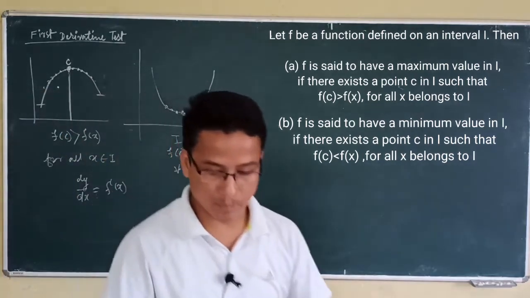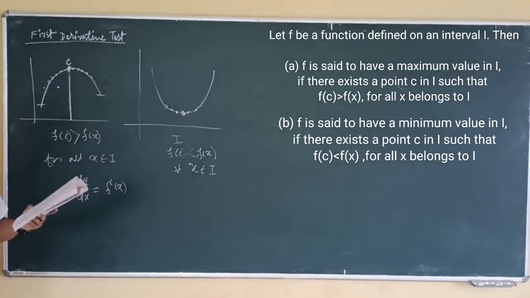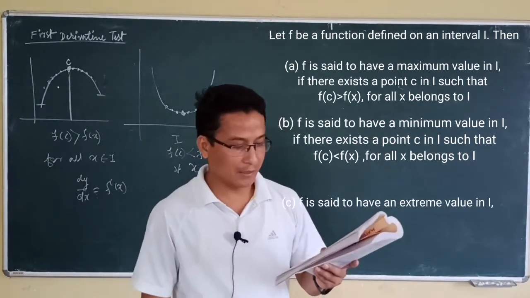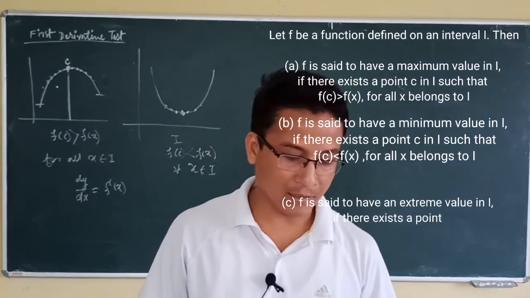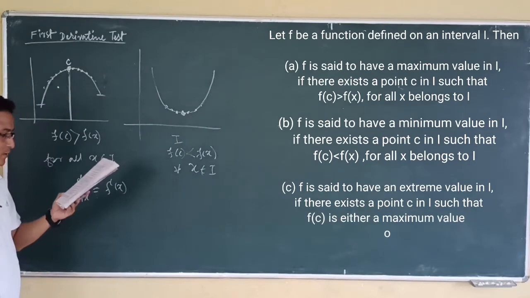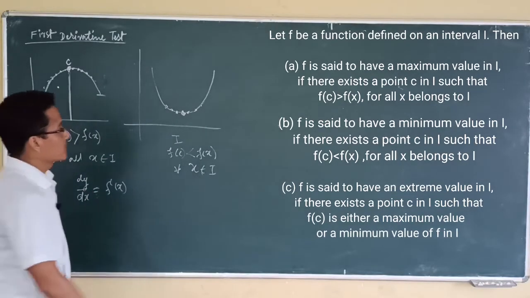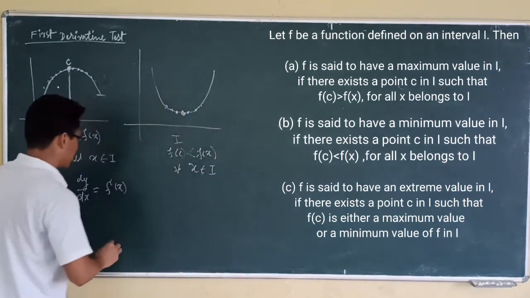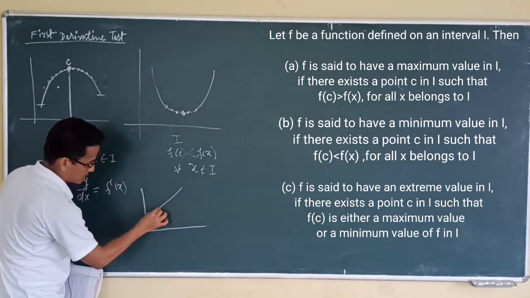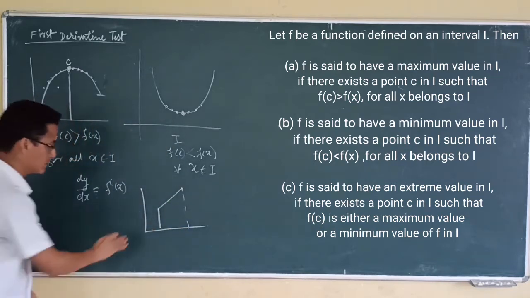One more definition: f is said to have an extreme value in I if there is a point c in I such that f of c is either a maximum or minimum value of f in I. Suppose you get a function like this.